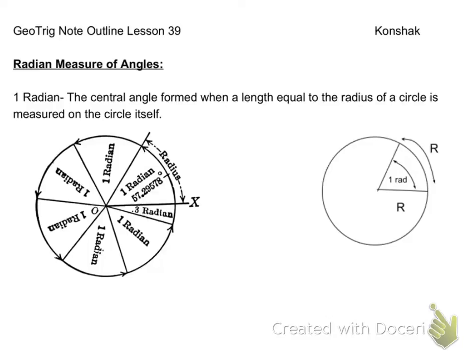We are going to have to know what the radian measures are of the unit circle. Or, really, what's the radian measure of any angle? And know how to go from radians to degrees to radians. The next slide is going to help us convert back and forth. Okay.